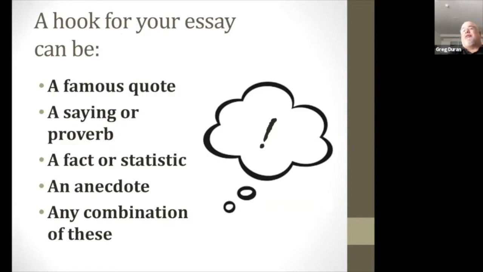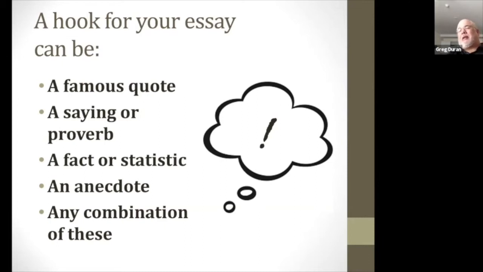So what can you use for a hook? Well, I would recommend four basic techniques, I guess. You can use a famous quote or a quotation. Or maybe something very wise that somebody said who wasn't very famous, but in any case, a quote that somebody actually said that you can attribute to somebody either living or dead.